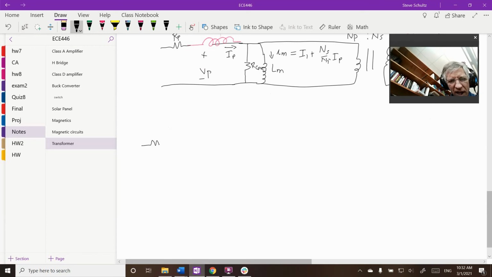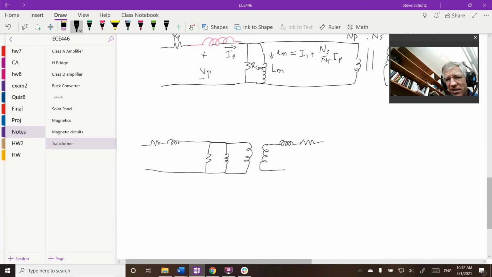I'm going to have a resistor and an inductor, then a core resistance and a core inductance, and I'm going to have my ideal transformer. Then over on this side, I'm also going to have my leakage inductance and my winding resistance loss. You see, I put all of my core loss over on one side.